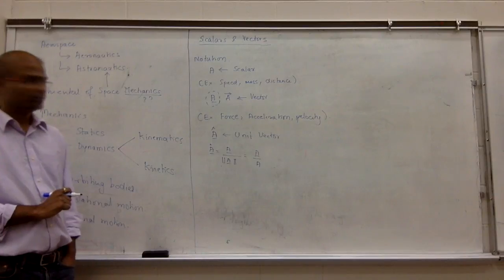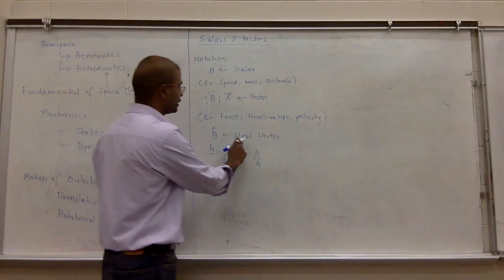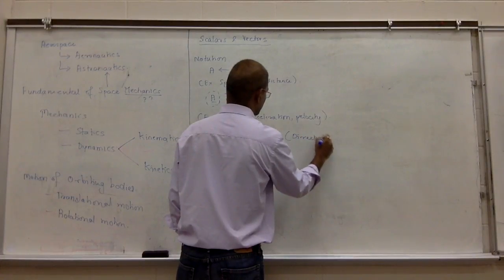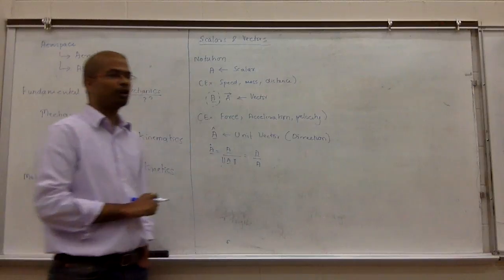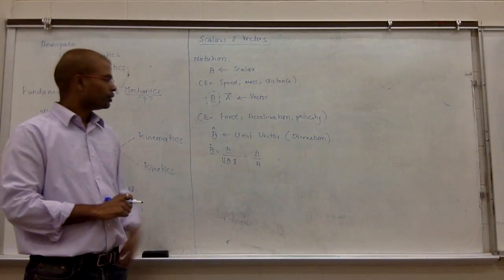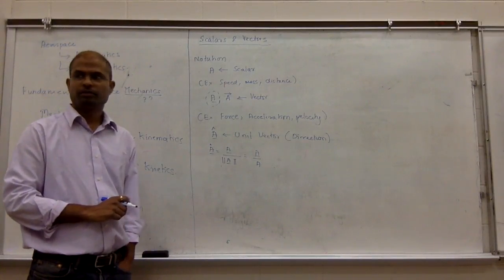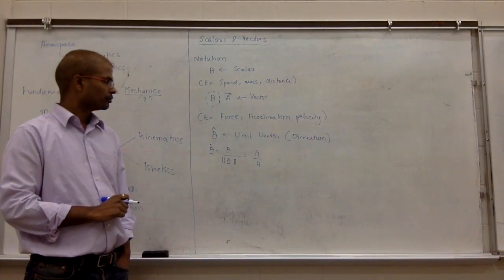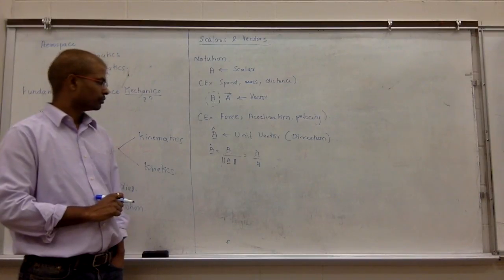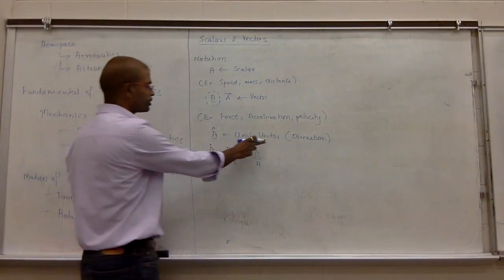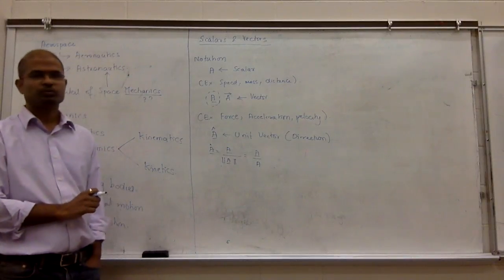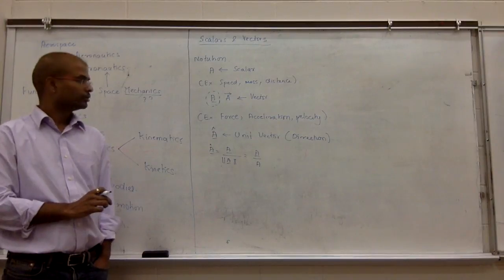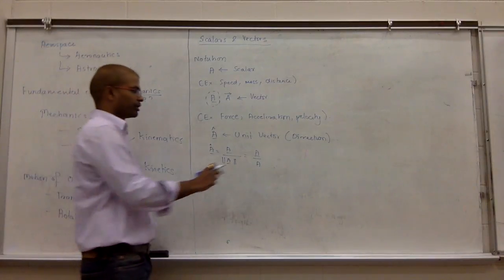So this would be your unit vector, and this is generally used for representing direction. For example, if you want to point in the direction of the sun, you would use a unit vector. What is the magnitude of a unit vector? 1. The magnitude of a unit vector is always 1. Yes, this is direction.